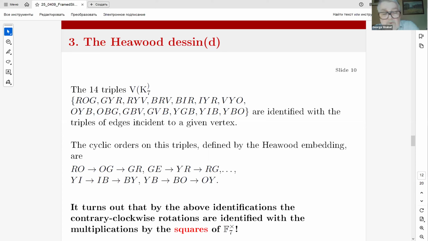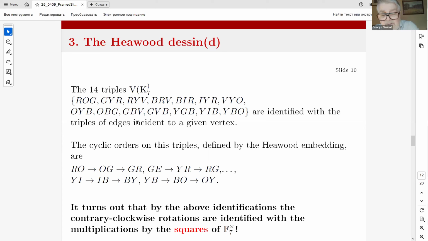How do we transform a graph, in this case, the graph K7? Sorry. In fact, we are working with a dual to it. So it is the graph of the vertices of the corresponding tree.